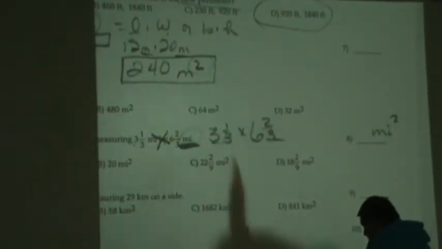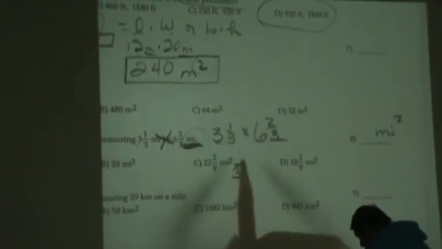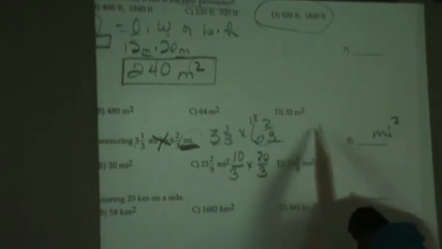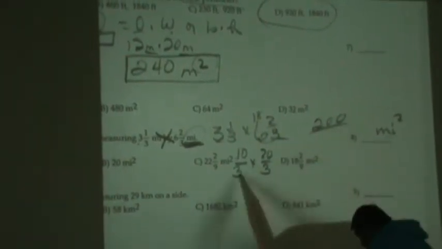To multiply these you need improper fractions. 3 times 3 is 9 and 1 is 10. 18 plus 2 is 20. That cannot be canceled anywhere, so 10 times 20 is 200. 3 times 3 is 9.